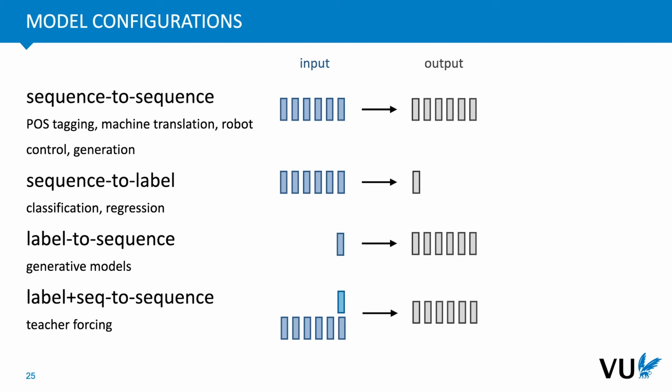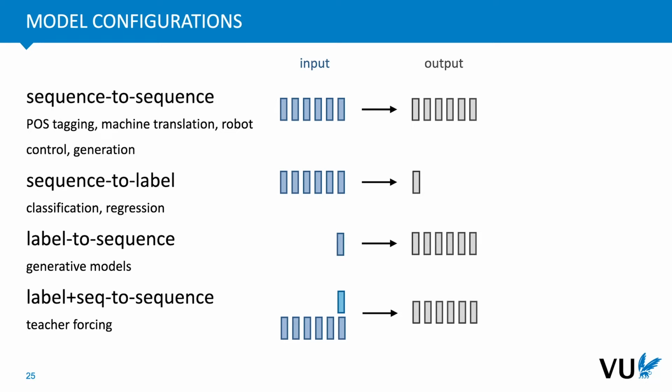Label-to-sequence, where we are given a single value, like a category, and we are generating a sequence to fit that category. And then there's even a combination where we are given both an input sequence and a single label, and our output is a sequence. And that may sound slightly abstract, but we'll look at some examples later.